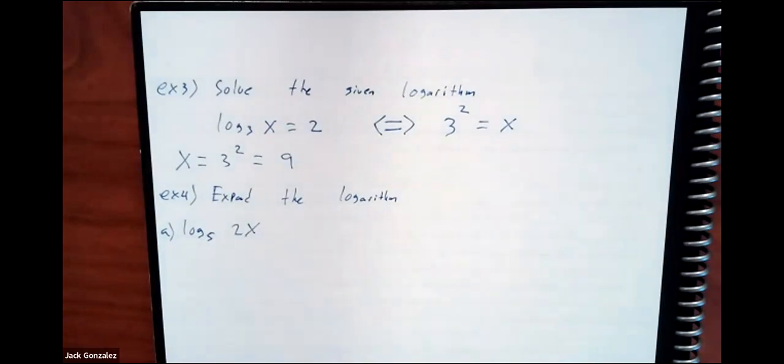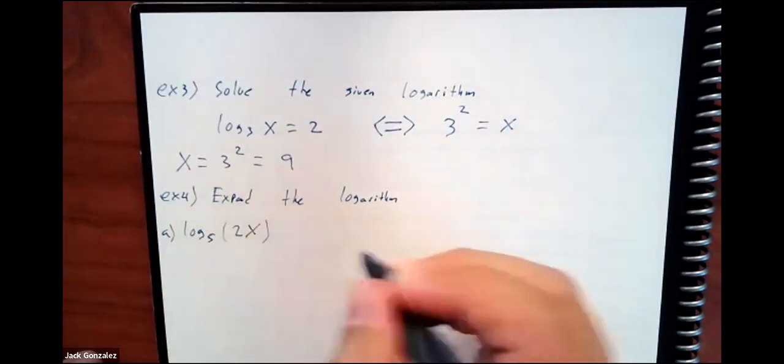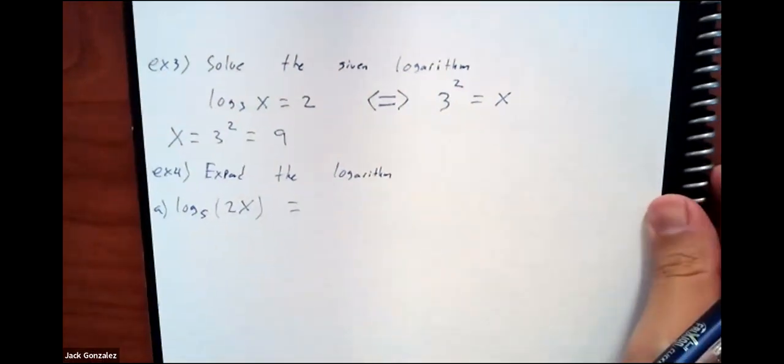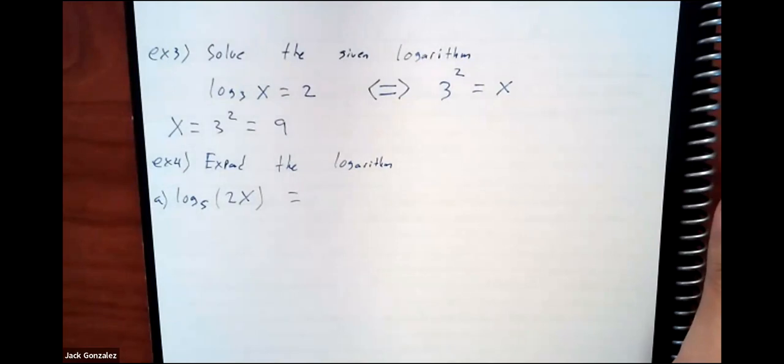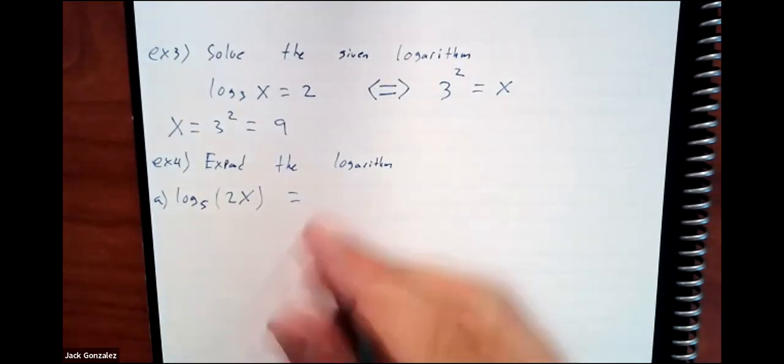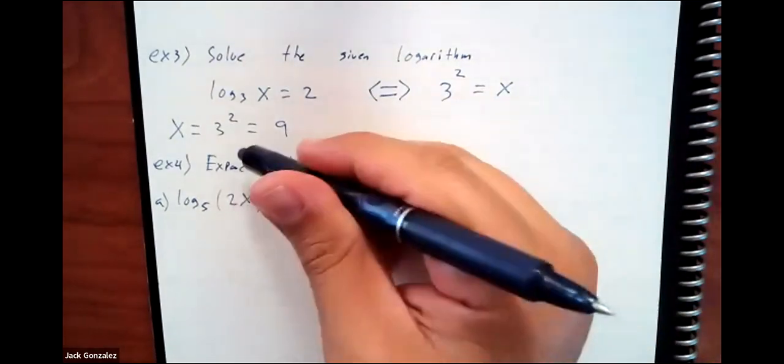Log base 5 of 2x. Expand it as far as you can. What is that gonna be? So you have products. Yeah, expand.